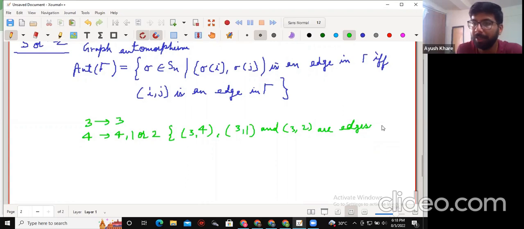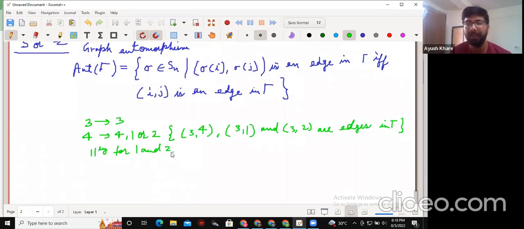They can't be mapped to any other symbol because that symbol doesn't have an edge with 3, right? You all agree to that? Any doubts? Same is true for 1 and 2.